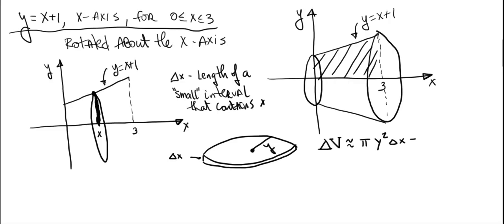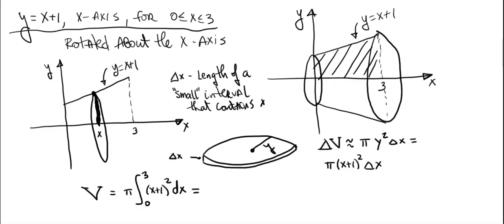And if we write it as a function of x, remember y equals x plus 1, so this is pi times x plus 1 squared times delta x. And then the volume is equal to, that's when we use the definite integral, from 0 to 3 of pi times x plus 1 squared, and we replace delta x with dx. That's the notation in integration.